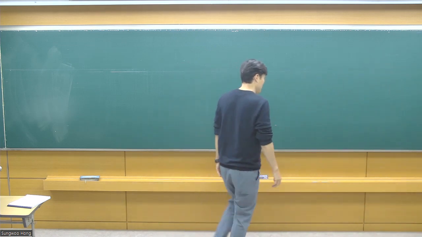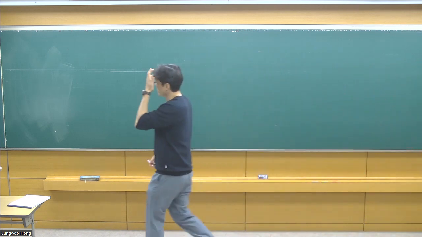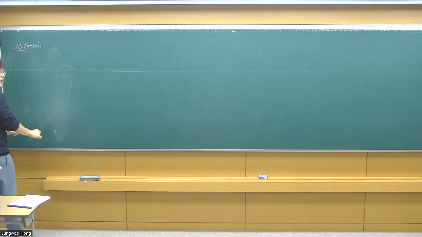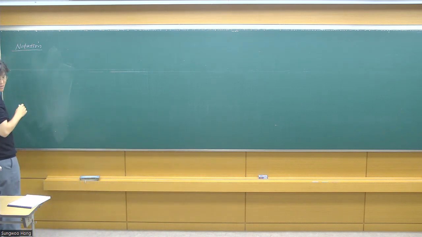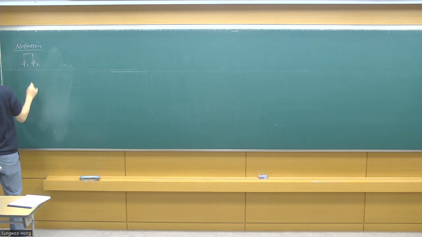So last time I wrote down the expression for Wick's theorem, but I forgot to define the notation. So let me start by defining the notation, and then we will continue. So the first is we talked about contraction like that.